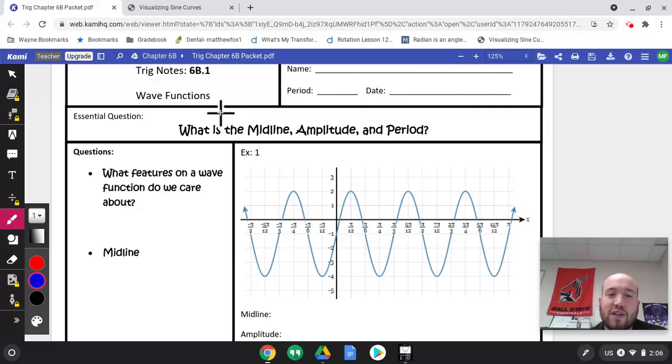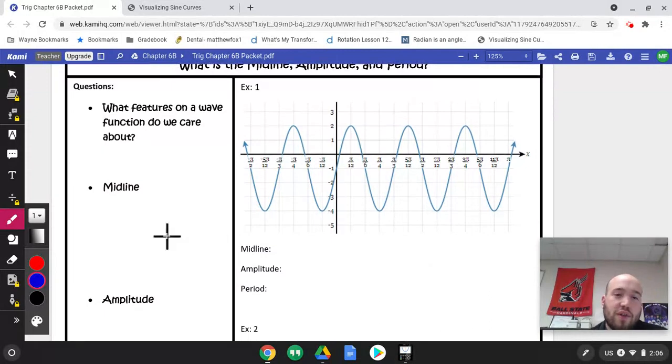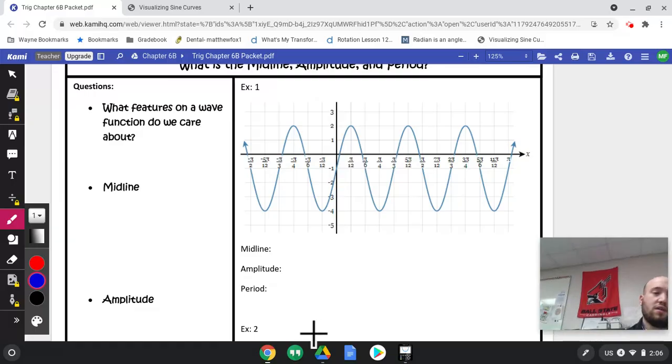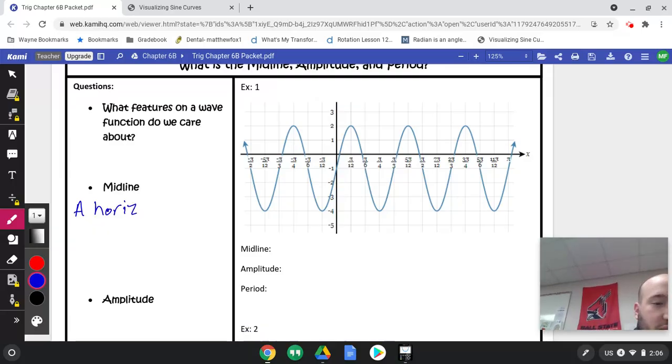Okay, and we'll continue to talk more about that. But first, we're going to examine these wave functions and say what parts of it do we actually care about. So one thing we care about is our midline. Okay, and this is just a horizontal line. It's a horizontal center line that runs through our function.